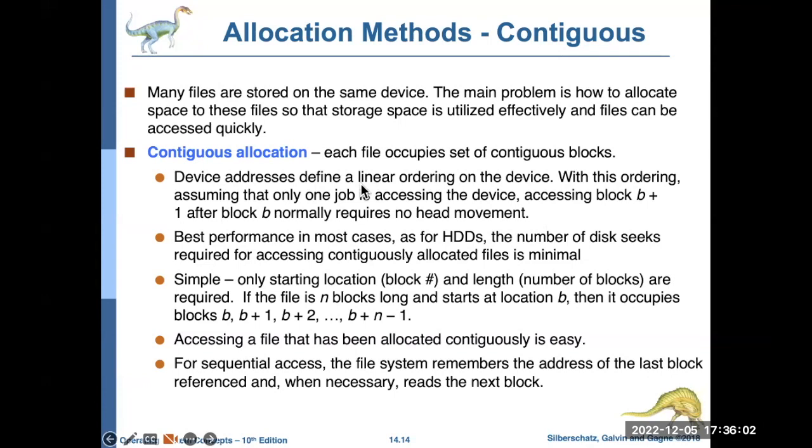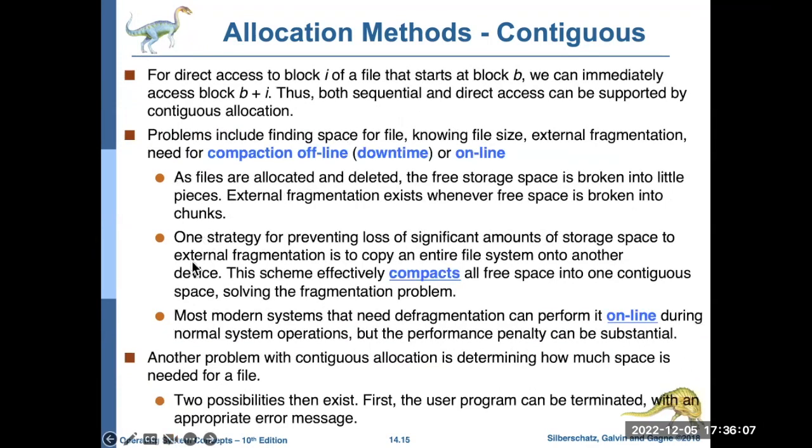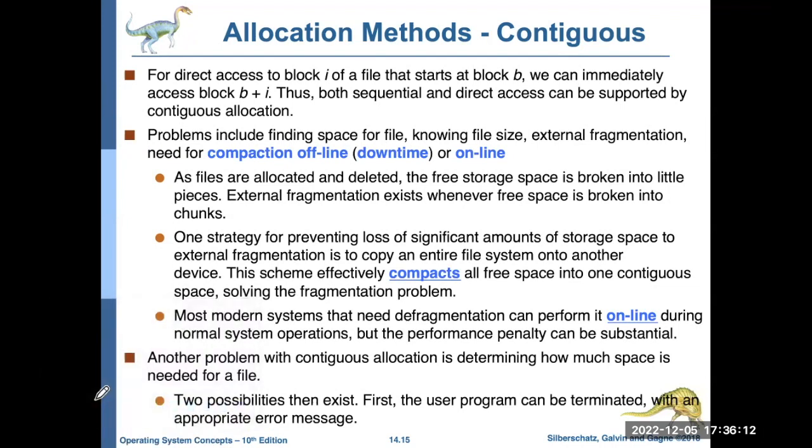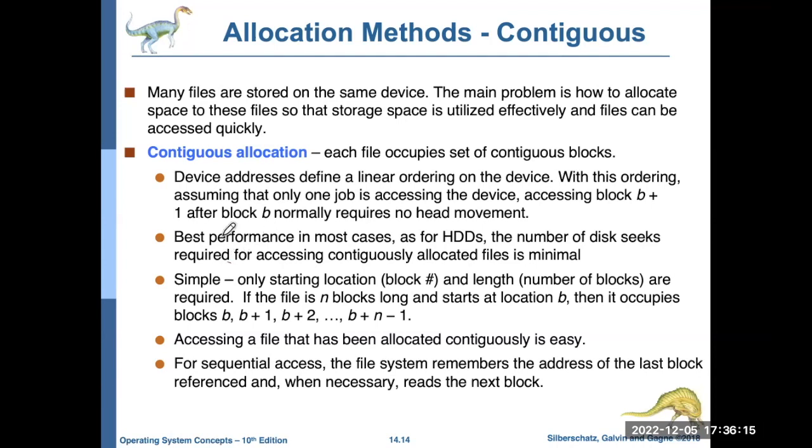Now, why am I discussing this? Because this is a very important part of the chapter where we will be looking at and comparing certain methods. Each allocation method will have its own advantage. Contiguous allocation, as the name represents, has a starting location, called the start block number, and a length, or the number of blocks allocated for a particular file.